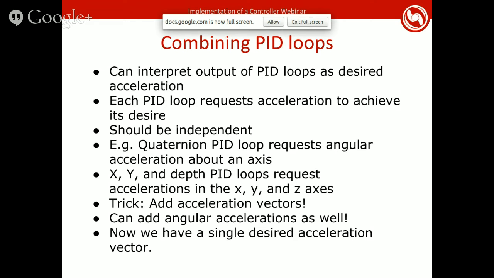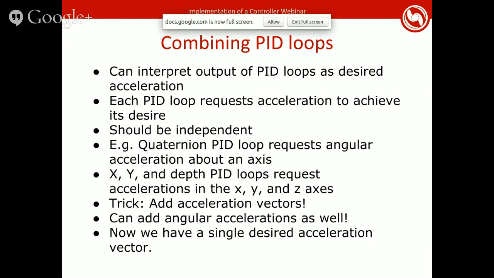You can also add angular accelerations. So you can take the output of all your PID loops and convert them into an acceleration and an angular acceleration vector, and then add them all up together. Now you have a single linear desired acceleration and a single desired angular acceleration.